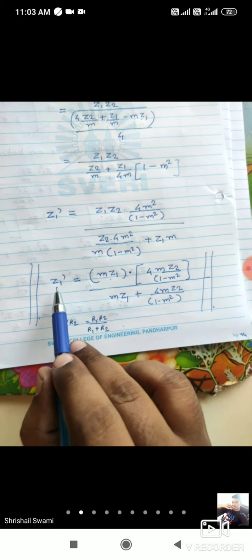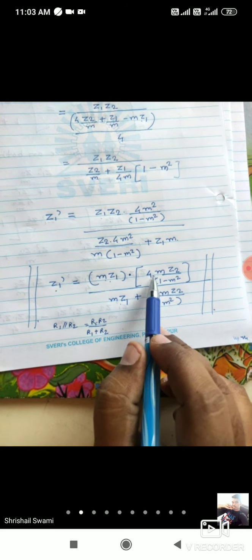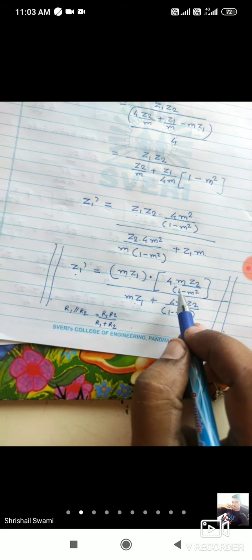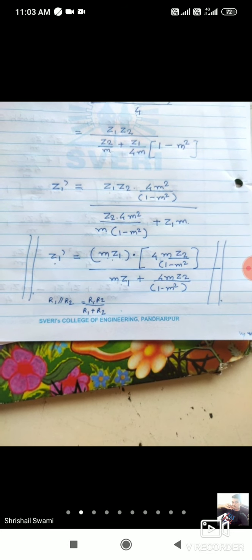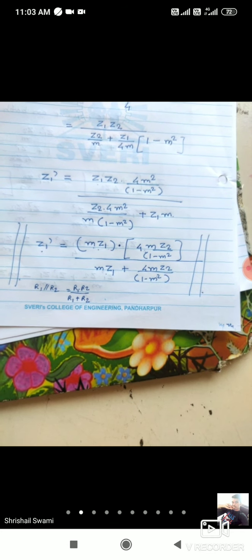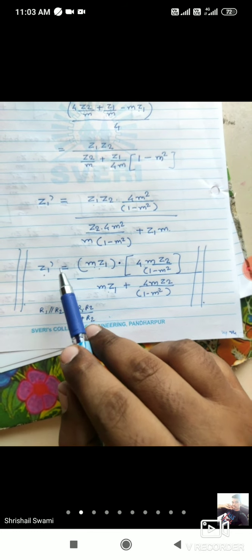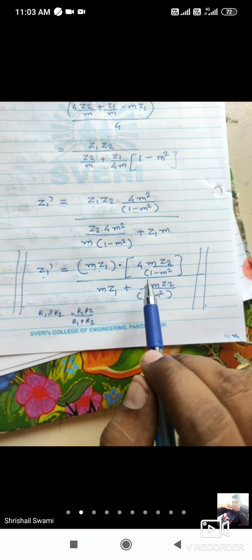So the meaning is that Z1 dash is nothing but parallel combination of these two impedances. m into Z1 is parallel with this impedance. So the series combination is in case of T section, here it will be the parallel combination. So Z1 dash is replaced by parallel combination of these two impedances.